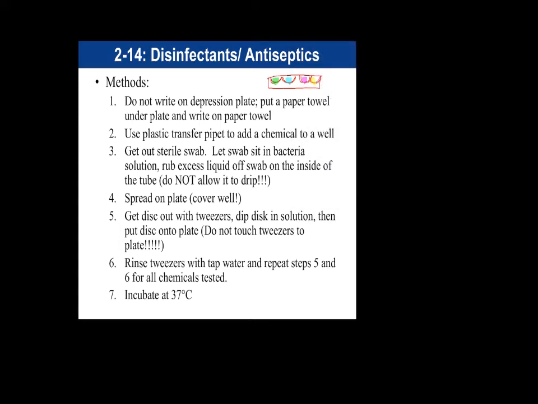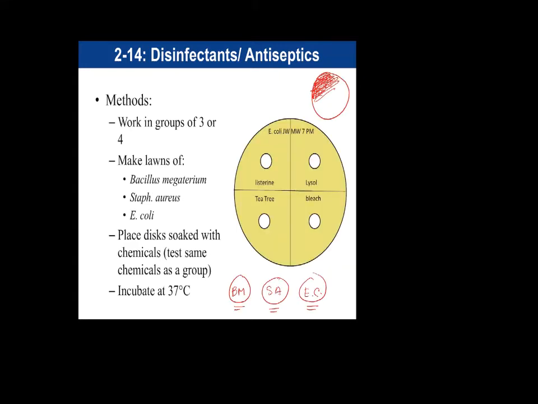Then aseptically, you take one of the little filter discs out, soak it in that disinfectant or antiseptic, allowing it to absorb some of that liquid, and then you very carefully place it on a plate, and let the disc adhere to the plate, and then you flip it and put it in the incubator.